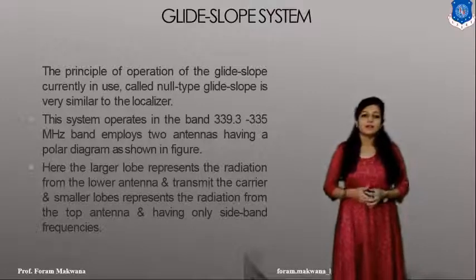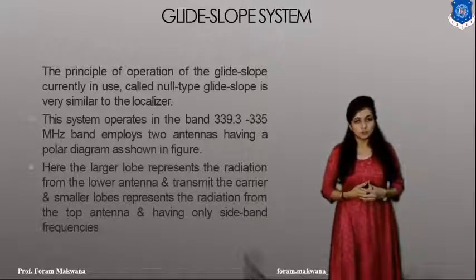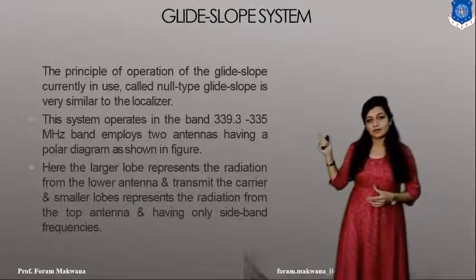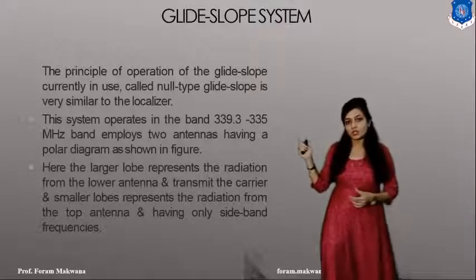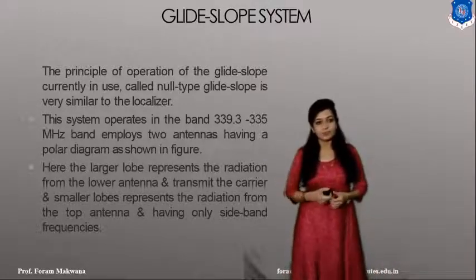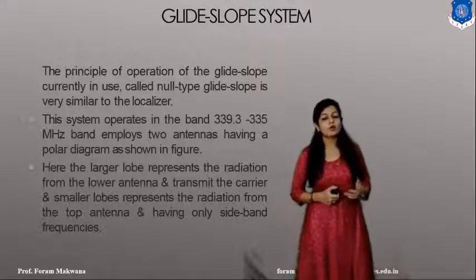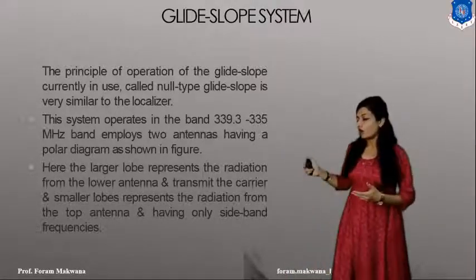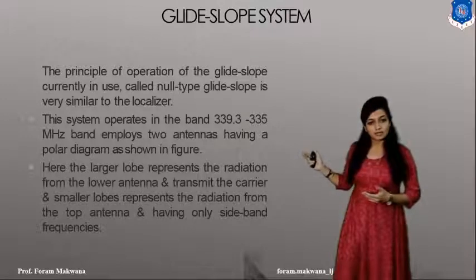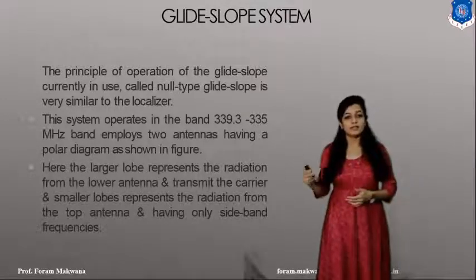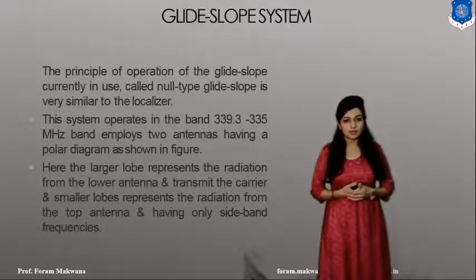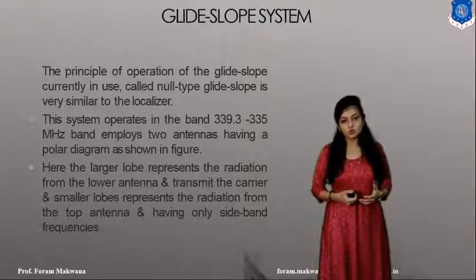Next is the glide slope system. So the principle of glide slope currently used is called the null type glide slope, which is very similar to the localizer. Right? The system operates in the band of 339 megahertz, or you can say 335 megahertz, which is going to use two antennas having a polar diagram.